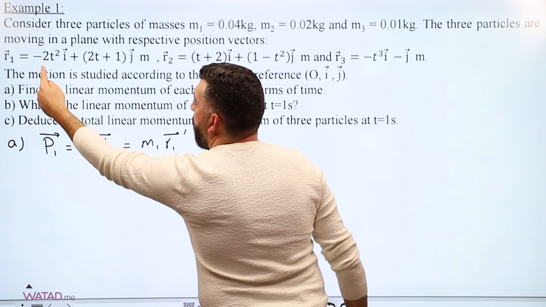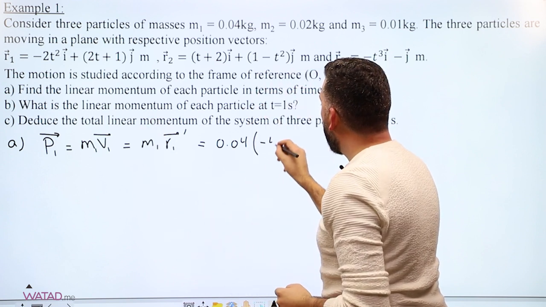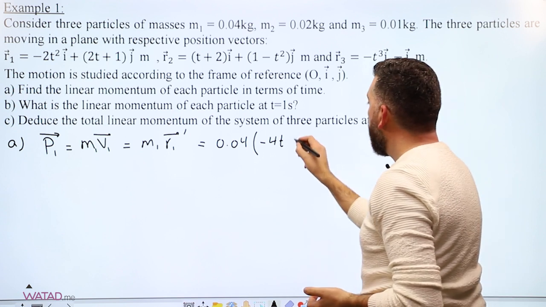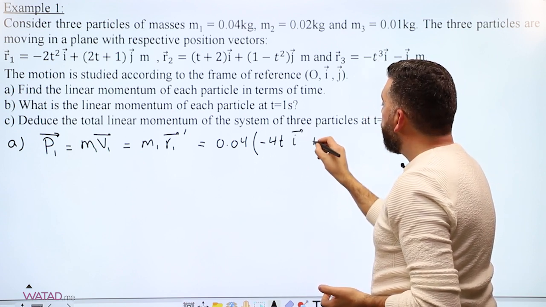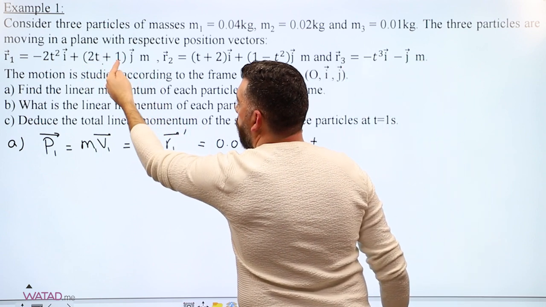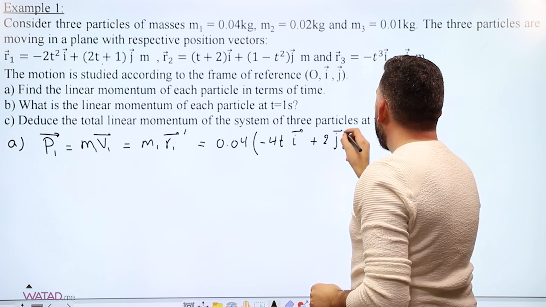This is r1 derived with respect to time: minus 2t square becomes minus 4t. Of course we know derivatives very well. Minus 4t i, plus the derivative of 2 with respect to time, which is 0 because it is a constant, so 2j.